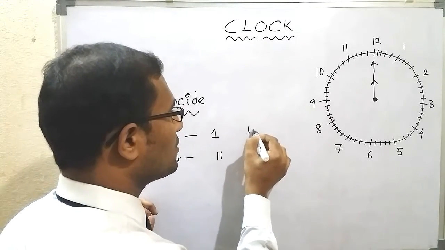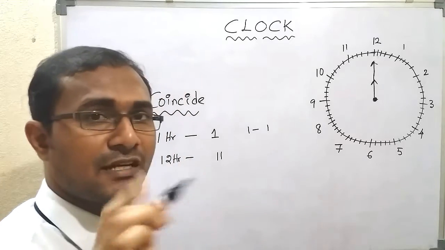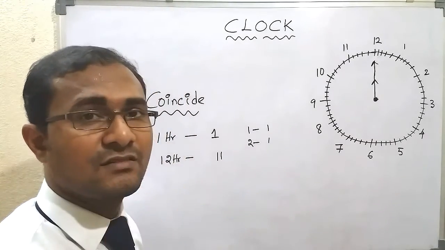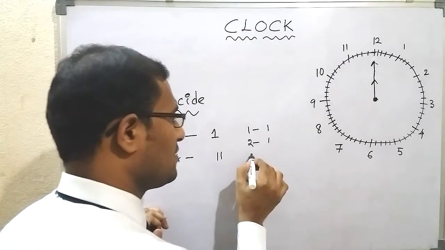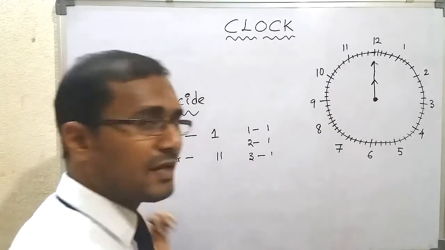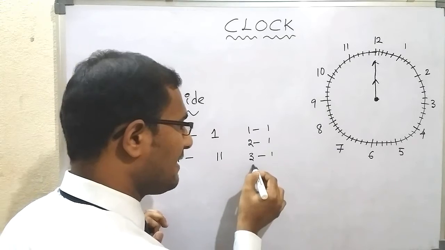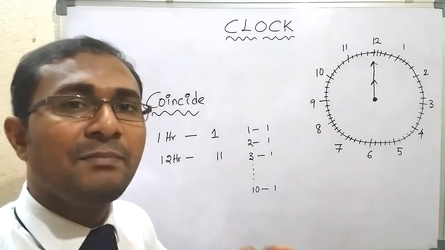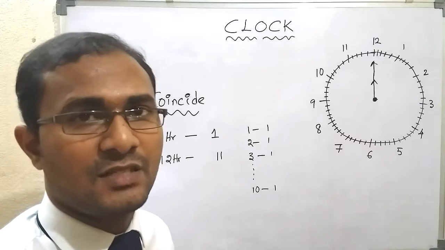See, for 1 o'clock one time the coincident condition takes place. For 2 o'clock one more time, for 3 o'clock one more time. Like this, up to 10 o'clock, 10 independent coincident conditions take place.